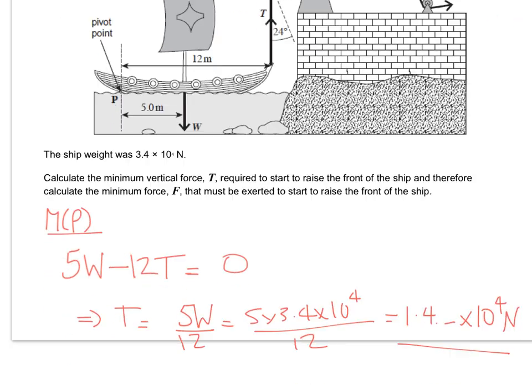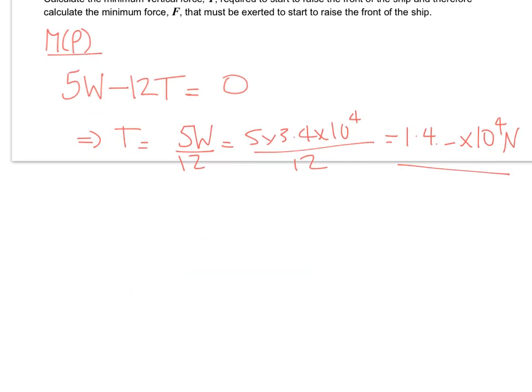So we can then calculate a value of F2, because it's T divided by cosine 24, and we get a value of 15.5 times 10 to the 4 newtons.